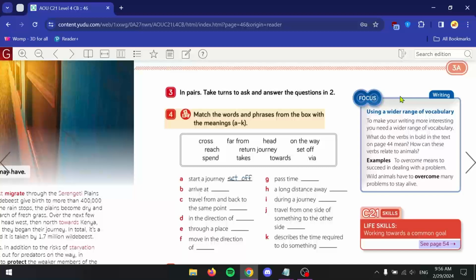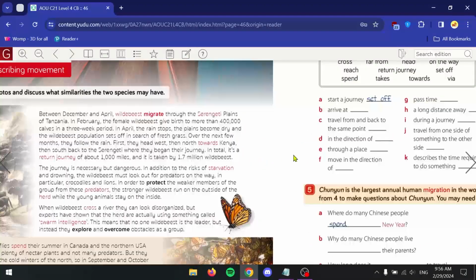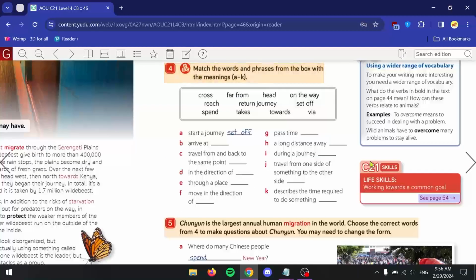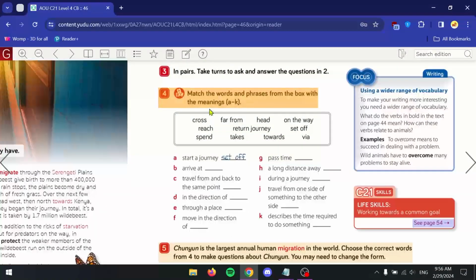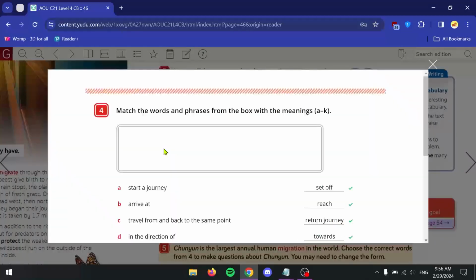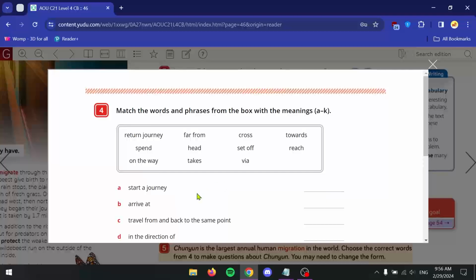For example, let's take a look here at some of the words in the text. Actually, these are already in the exercise. So what I'm going to do is I'll show you what they mean in a second. Let me just open exercise 4. Here you go. So, for example, we have something that means start a journey. I think everyone knows what start a journey is.